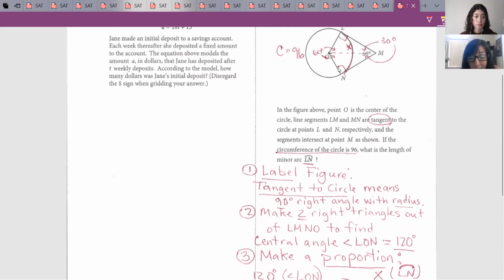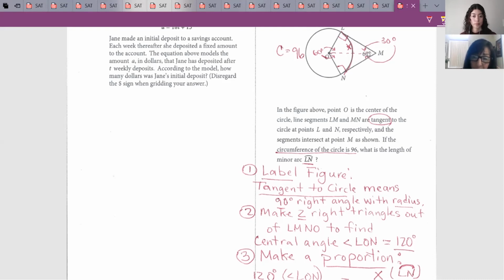Right angles. Here's your special right triangle. You don't really need the special right, but you need to recognize that we can make two triangles out of this shape by putting a line through the middle. So that's what you want. You want to think triangles. How can I make a triangle out of this to get to where I need?